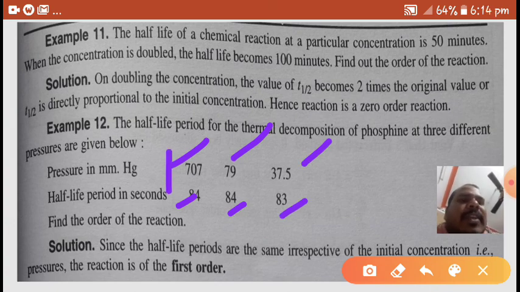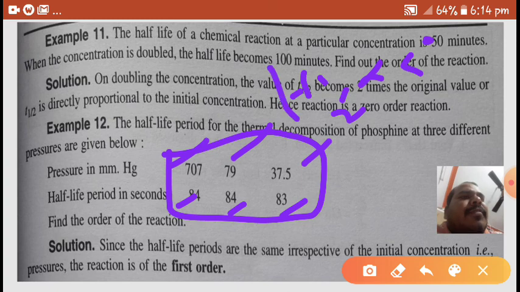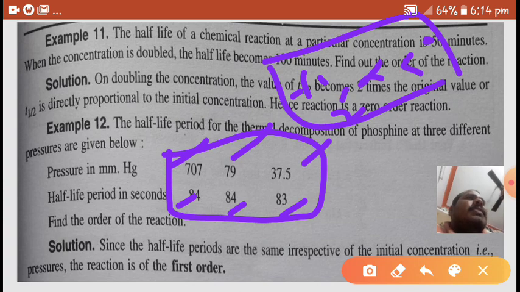If you observe this data, we can say that the half life is independent of the concentration of the reactants. The half life is independent of concentration only for first order reactions. So for first order reactions, half life is independent of the initial concentration of the reactants.